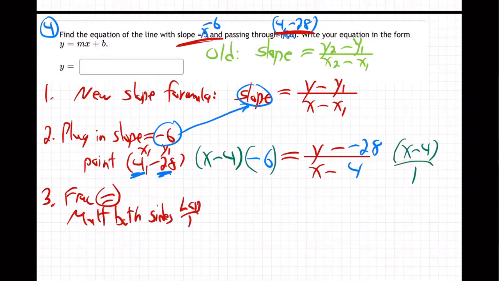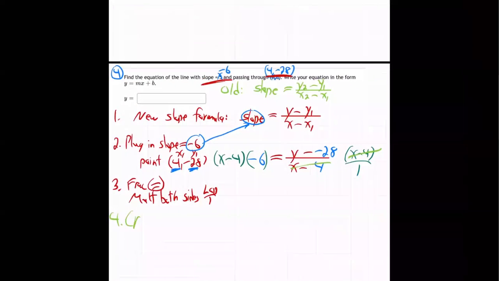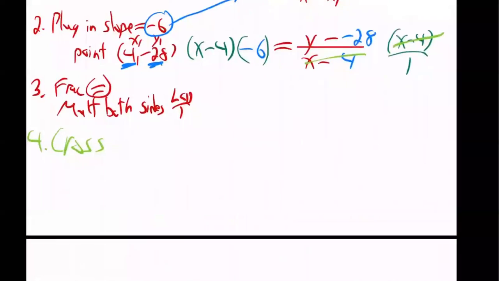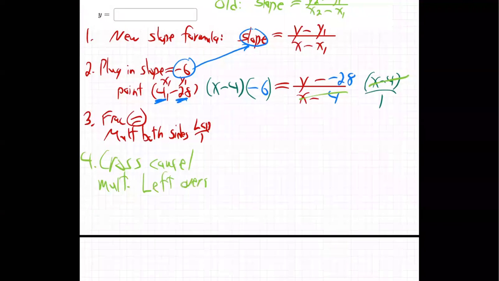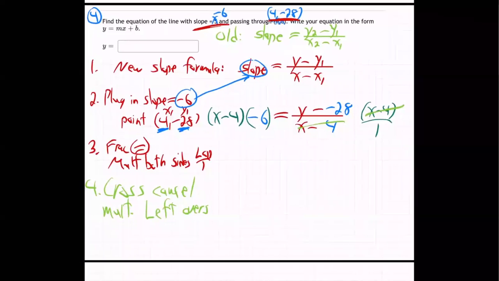Okay. And so then what happens here? These guys cross cancel. These x minus 4s cross cancel. So let me write that, step 4. So we cross cancel and multiply the leftovers.